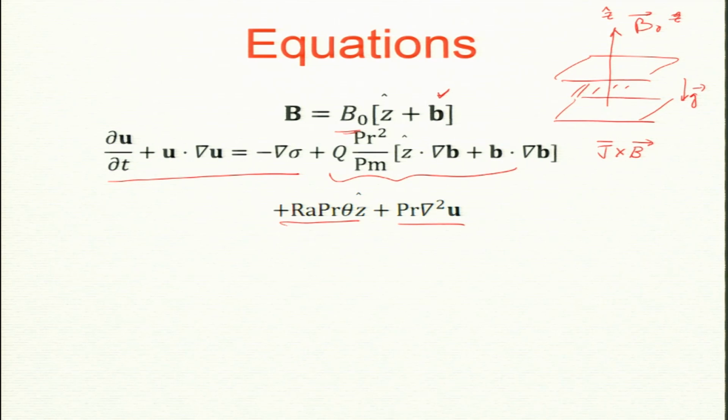So what is the small b? Small b is the fluctuation in magnetic field. Strictly speaking, B naught times vector b is the fluctuation, and B naught z cap is the mean magnetic field. So you apply this strong magnetic field with fluid motion, and that fluid motion will generate fluctuations, which is small B naught times small b.